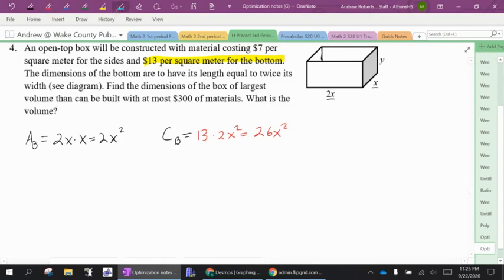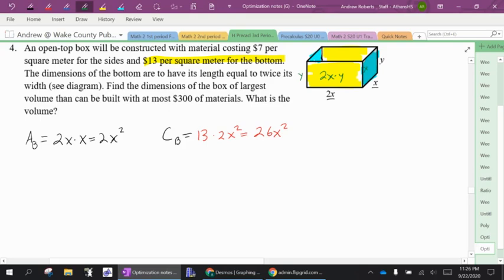Then for the sides, I actually have 4 sides. So I'm going to kind of color those in. So this side here is the same as this side on the inside, which you can't really see very well. Those sides are the same. And then this back side is the same as the front side. Those 2 sides are the same. Once we find the area for 2 of them, we can just double it. So the area here is going to be 2x times y, because this is a y height.